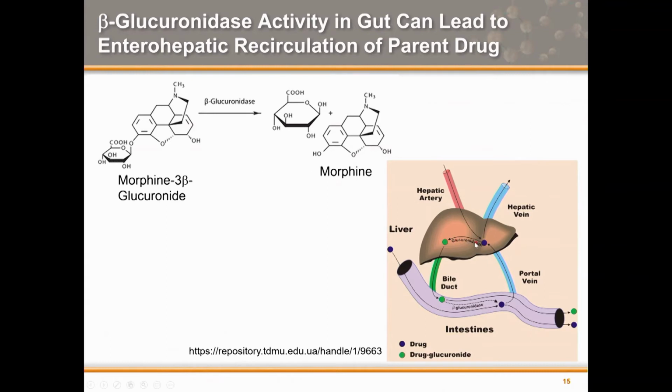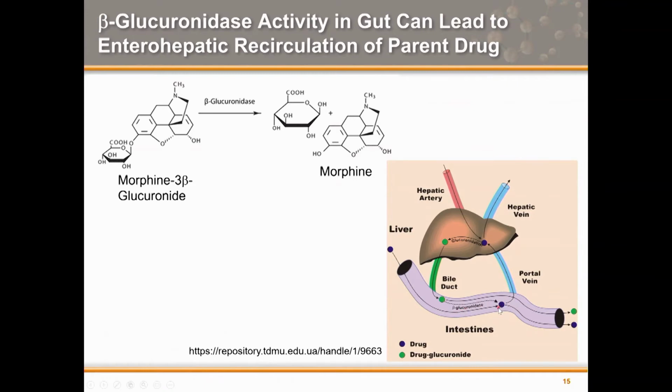This glucuronide, if it's efficiently secreted into the bile by mostly BCRP or MRP2, will be dumped back into the intestine, where it can be converted by bacterial beta-glucuronidases back into the parent drug.